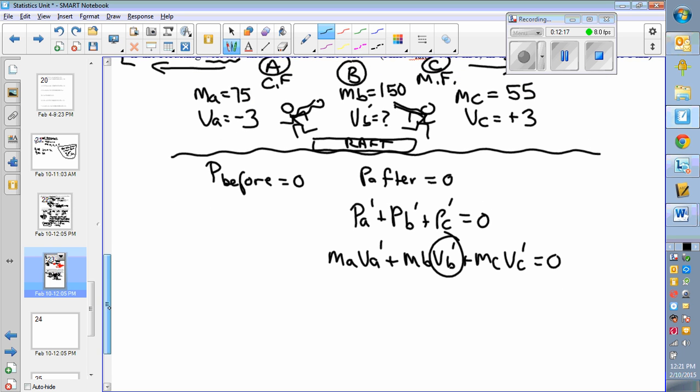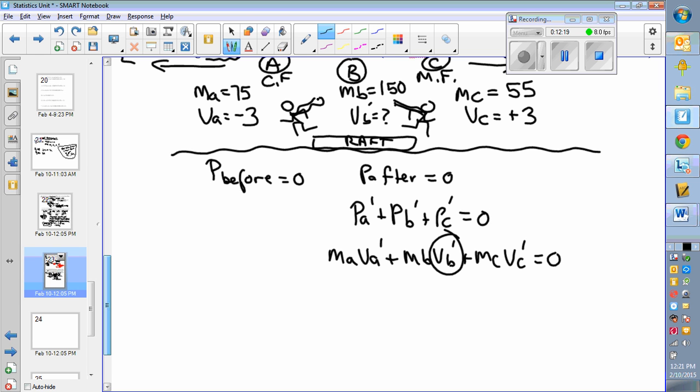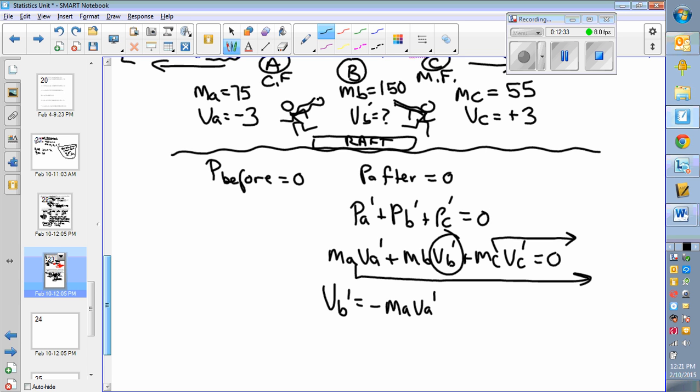So what you're going to do is take this term to the other side, that term to the other side, and subtract and divide by MB. My VB prime will therefore be minus MAVA prime minus MCVC prime all over MB.